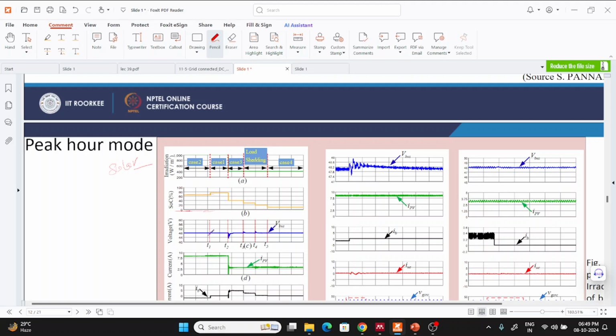Then the third one is the DC bus voltage, which shows variation for various cases, case 2, case 1, case 3, and so on. Then comes the variation of the current for solar PV. Okay.